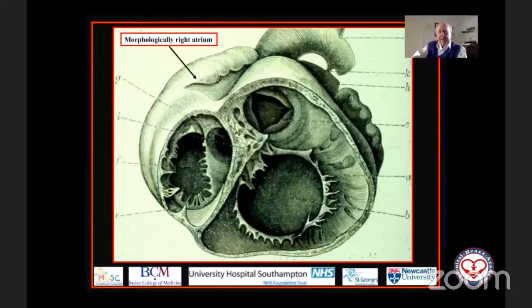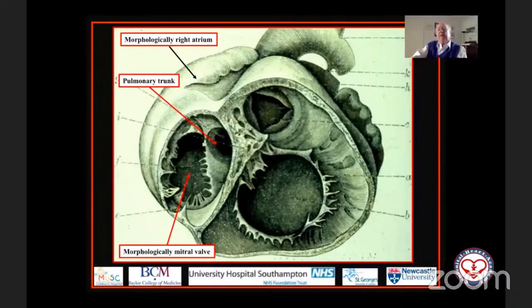And we can recognize there the morphologically right atrium. We can see its appendage. We can see the morphologically mitral valve. And since we know that the valves go with their ventricles, we take advantage of valvular morphology when it is there. That tells us the morphologically left ventricle is right-sided.